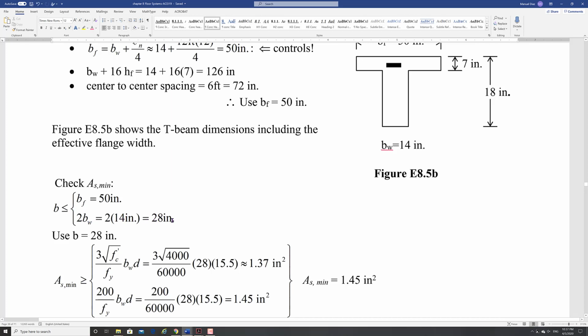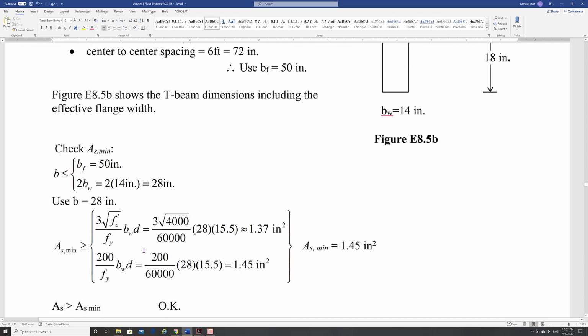So 28 now replaces the b_w value. So here I will use 28 and not 14. Do not use 14 because tension is on the top. You will have to use this, and in this case 28 is the value to use.